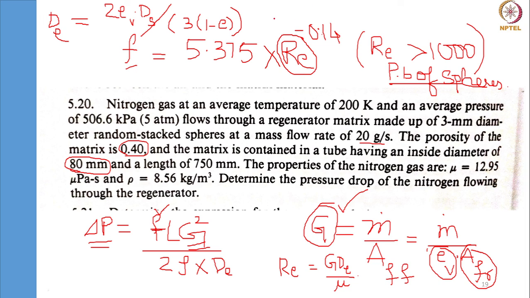So I have an equivalent diameter of 1.3 mm. You can calculate and check it later also. After finding the equivalent diameter, I plug that value in this formula where I have G. My G is 9.9 once we calculate, and mu is already known. So Reynolds number comes out to be 1021.